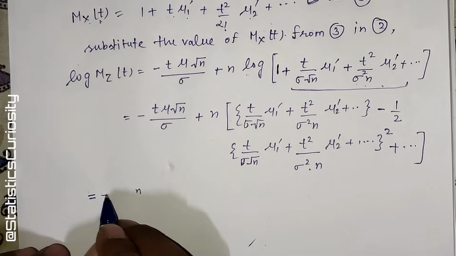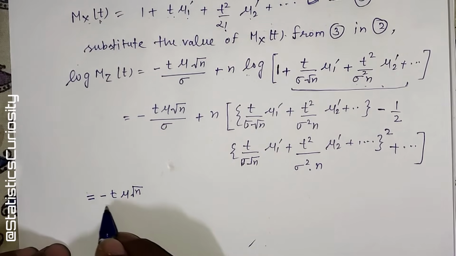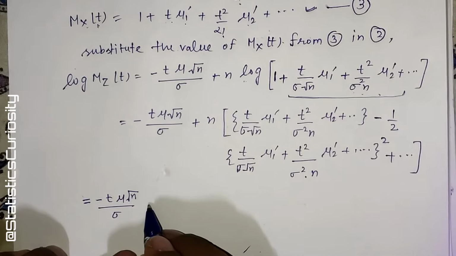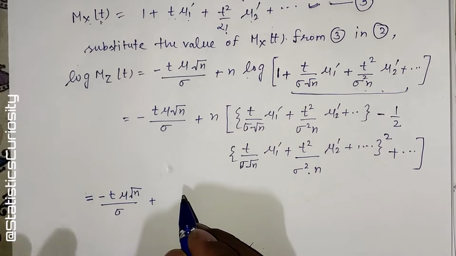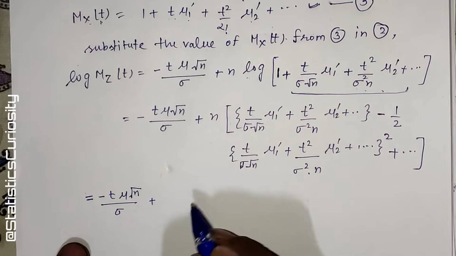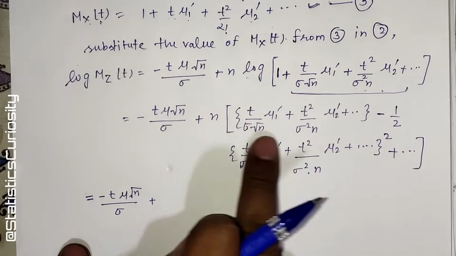So minus t mu square root of n divided by sigma plus n multiplied by this term.